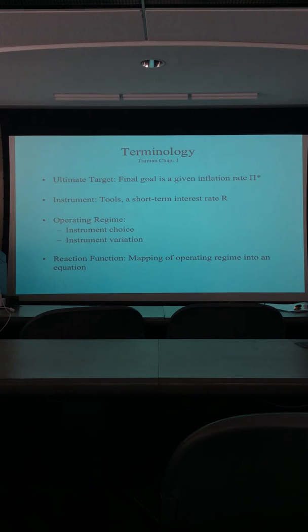So what is inflation targeting? We're going to define that there is an ultimate target. In this case, the central bank is going to set an inflation target. The next question is, and we didn't notice that we didn't do this in the exercise. Fine, so there's the inflation target.